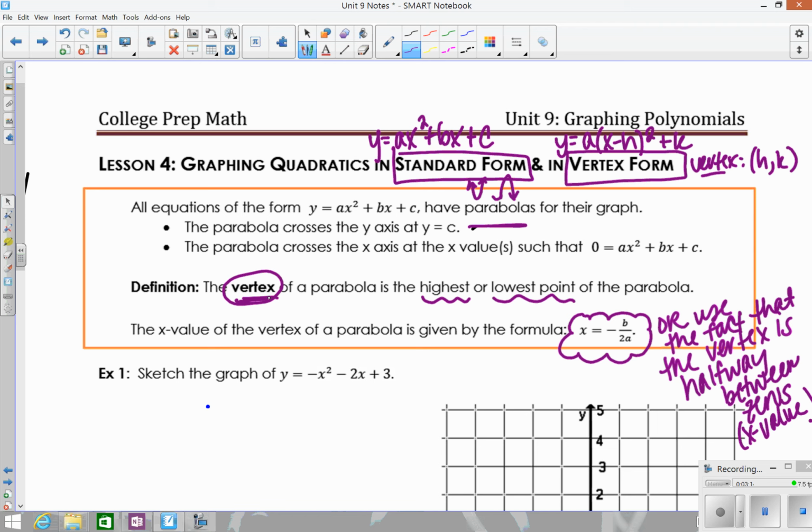So that's another way to get the vertex. So we talked about basically 3 ways you can do it. You can use this rule. You can use the fact that the x value of the vertex is halfway between the zeros. You could also convert the equation into vertex form and then just pull out the values. And we're going to look at all of those things.